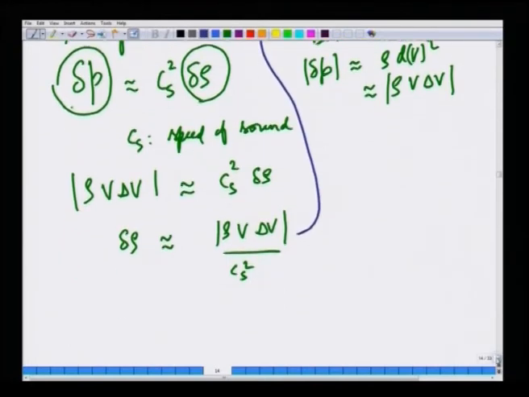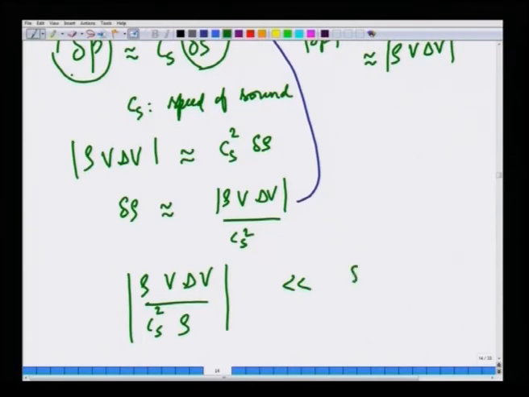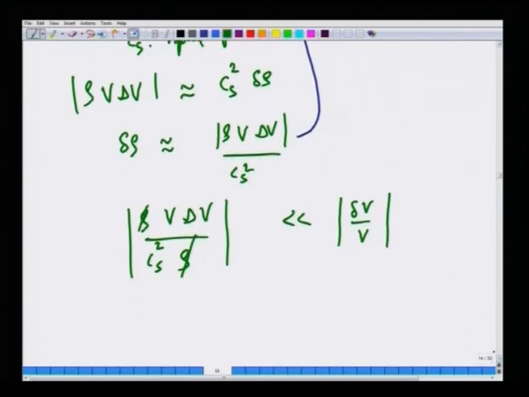Okay. So, del rho by rho is approximately rho v del v by Cs squared rho, which is much smaller compared to del v by v. So, rho cancels, and del v cancels.